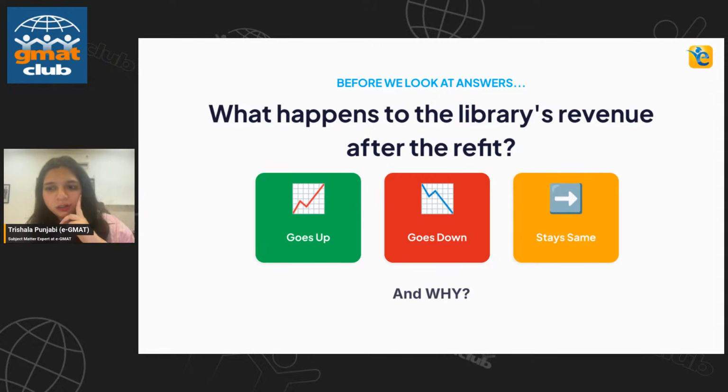Okay, Rohan: can't say, depends on the usage. Got it. Anyone else wants to try and figure out what happens to the revenue? Stays the same. Okay. Why does it stay the same? No, the entire thing is about revenue. It's not about cost. May increase or decrease, depends.